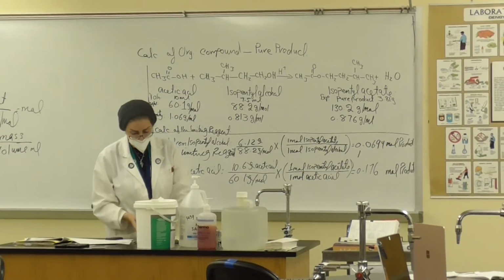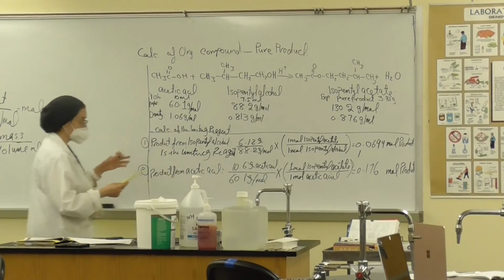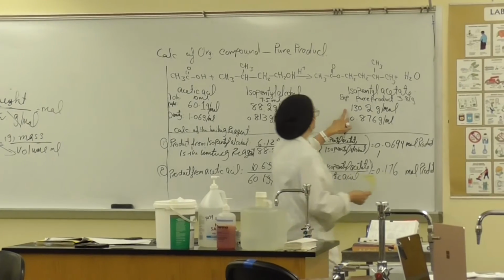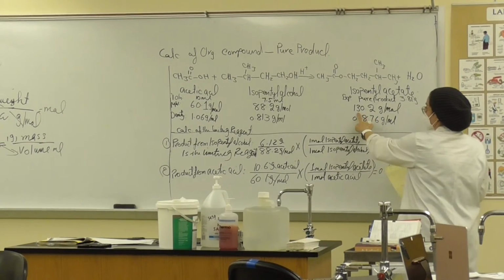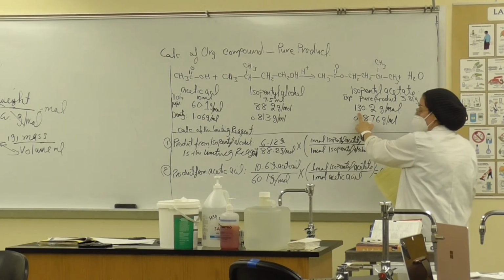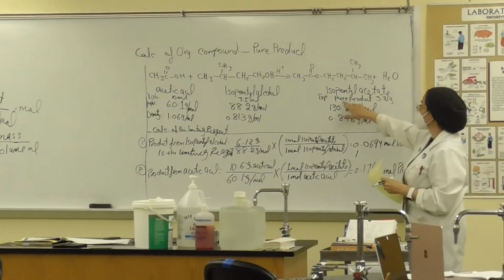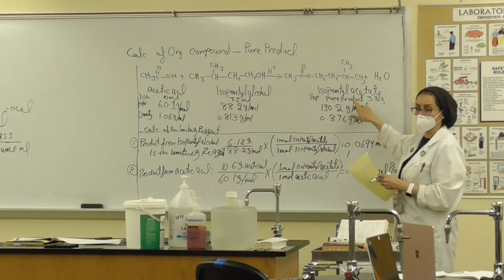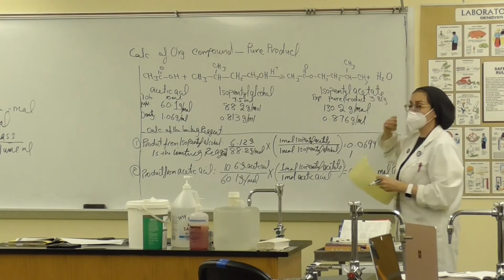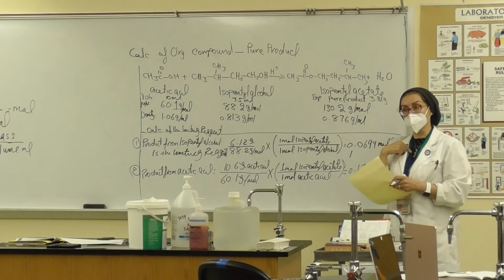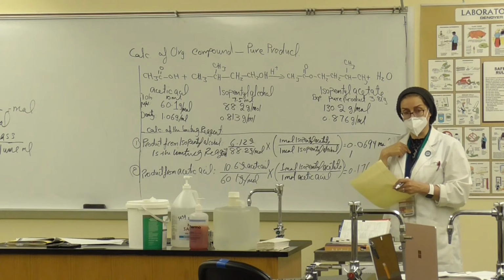Now they also gave you the product. How much was produced? We do have the molar mass of it. We do have the density, and this is how much was purified and produced. This is the experimental, but we have to find the theoretical, right?